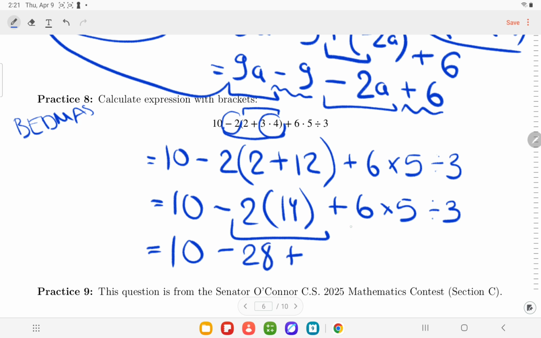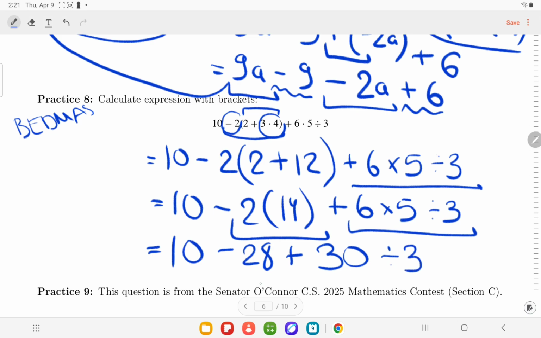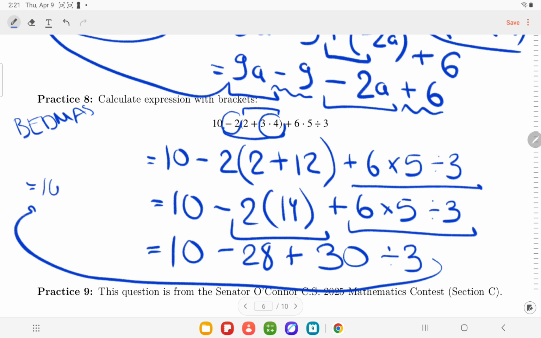And we can also try to solve this. Because there's both multiplication and division, we just go from left to right. First we're going to do 6 times 5, which is 30. And then we are going to do 30 divided by 3, which is positive 10.